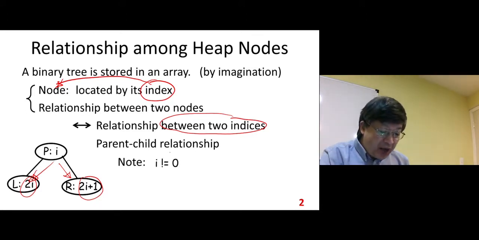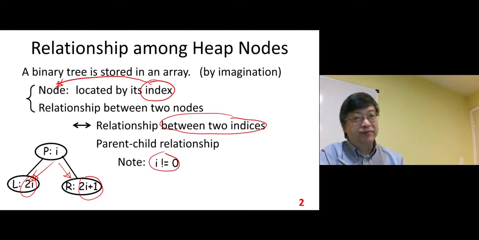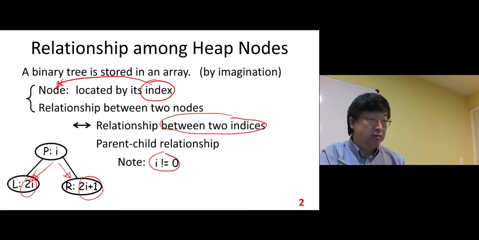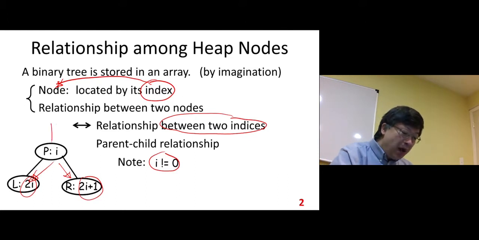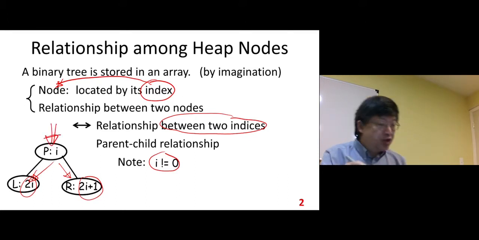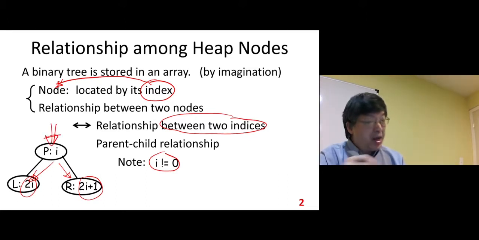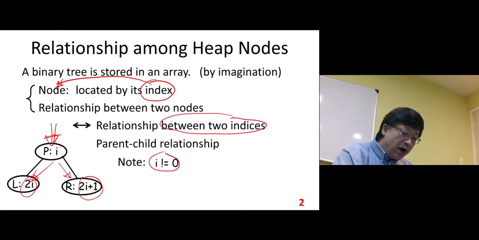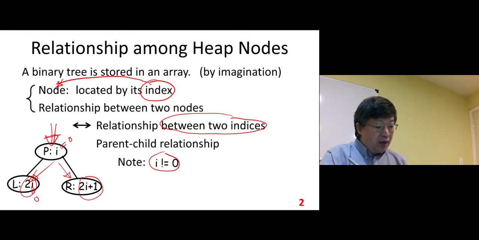But here we need to consider a special case. The I cannot be 0. In a regular array, our index could be 0, no problem. But here, in order to have this special relationship, our I cannot be 0. Why? Because if I equals 0, 2i is also 0, right?